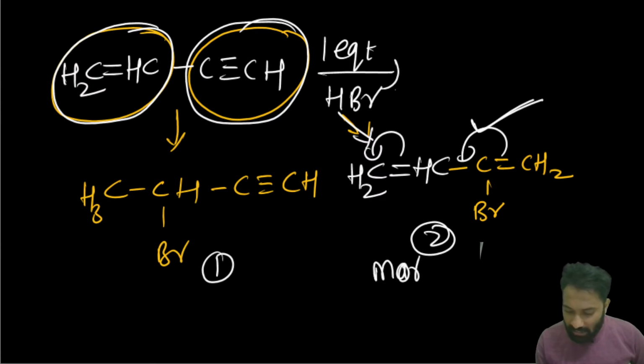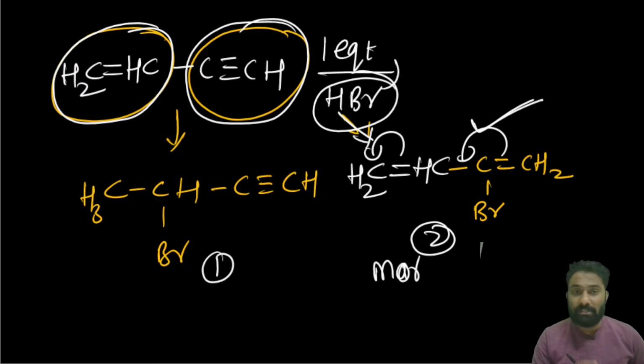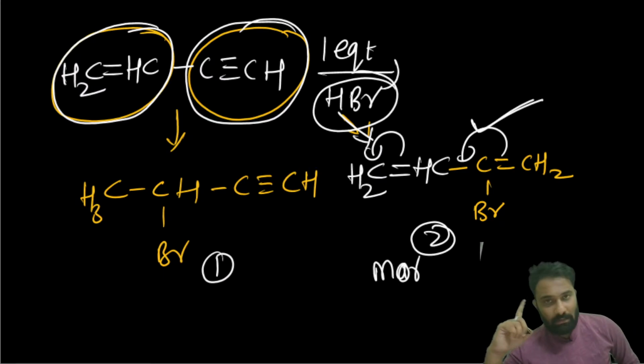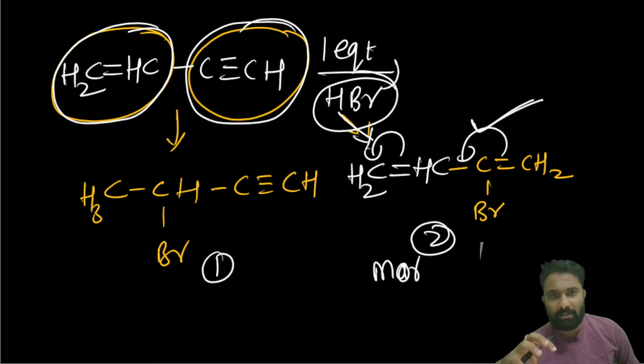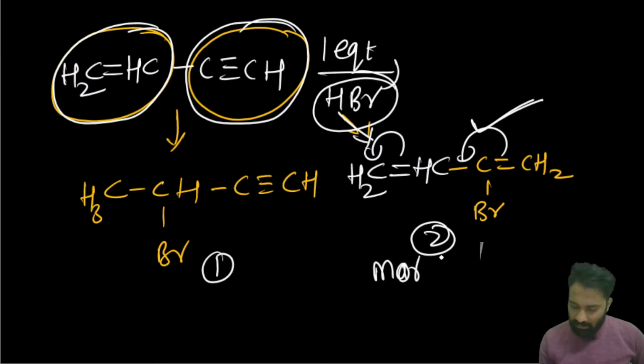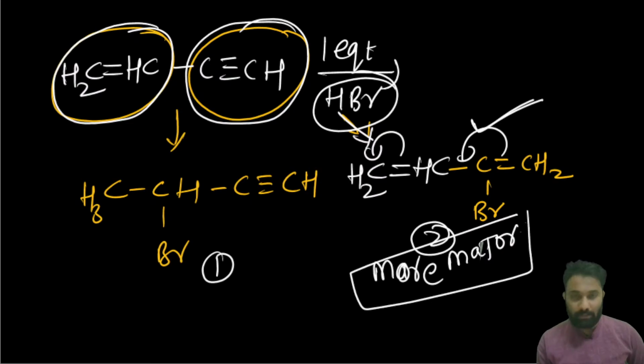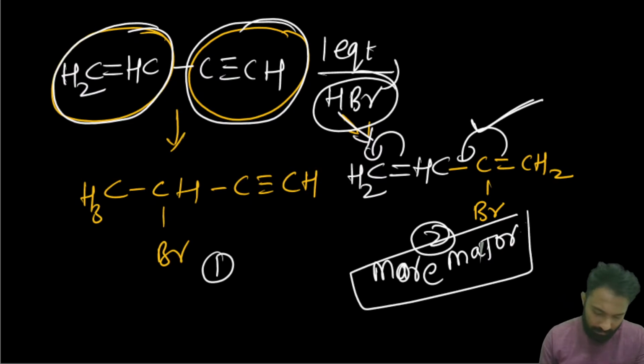So whenever the Markovnikov rule applies, these are the basics to high level questions I was bringing. From the basics, all the applications, GOC applications, are intermixing. So you have to cross check. Then this is more major because of the resonance. Now tell me the next question.